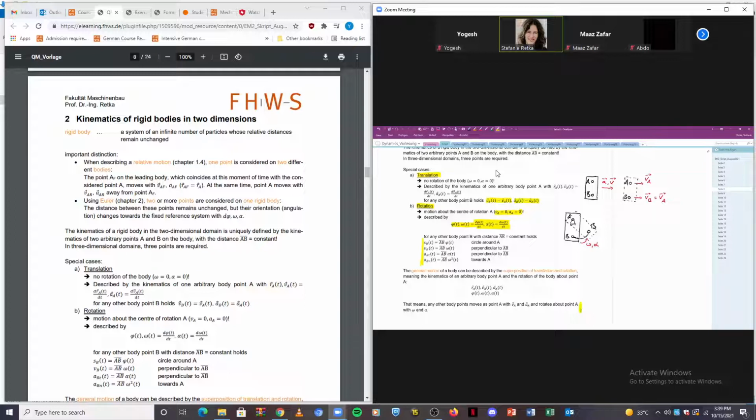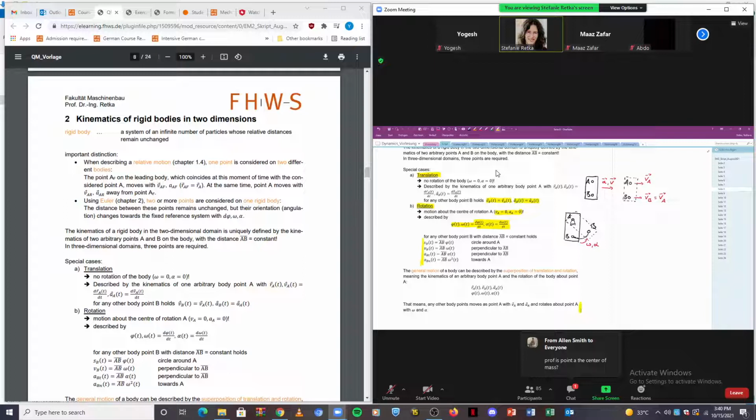In case of a rigid body, we always have to superpose translation and rotation. So it's not leading and relative motion anymore, it's translation and rotation. That's the main difference. And once you understood and memorized that, it will be easy to solve these types of problems.